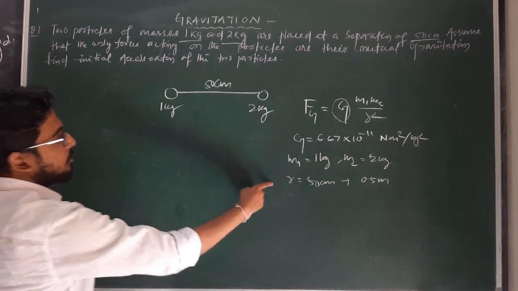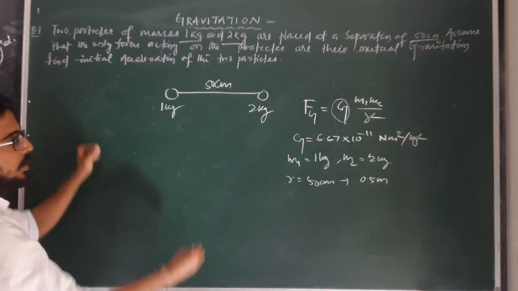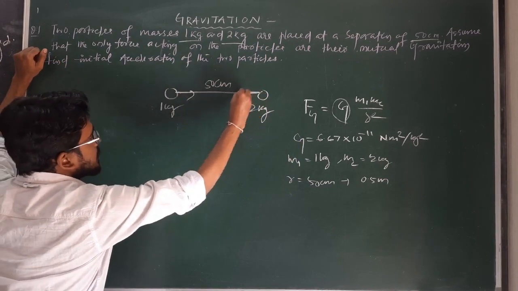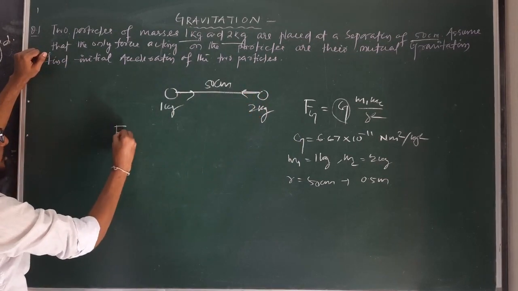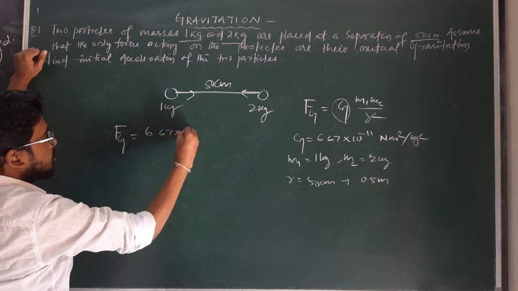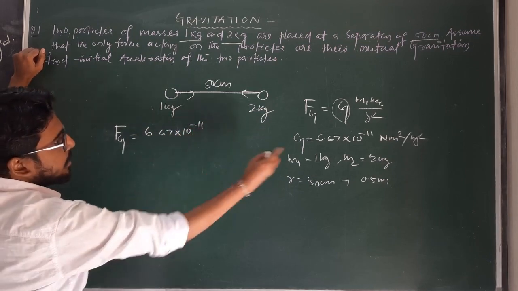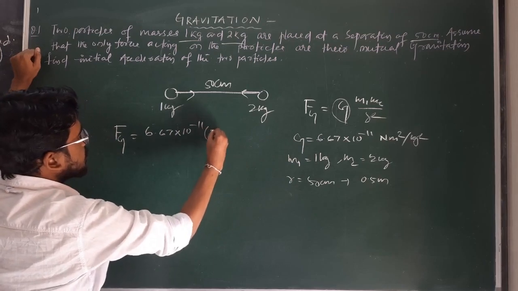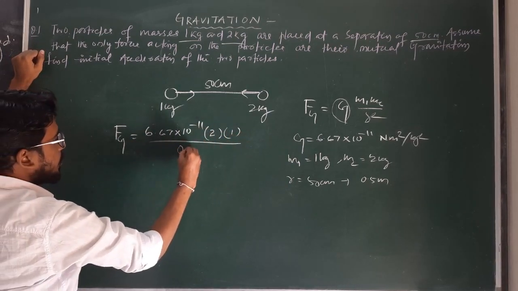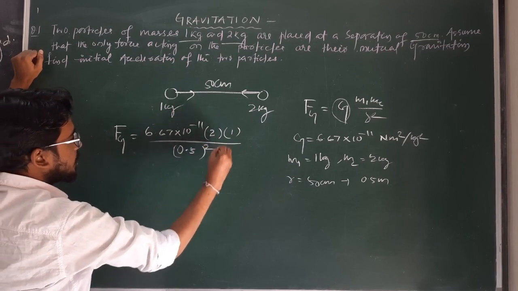Clear? So now putting the values in this equation, what will be the gravitational force of attraction on these two bodies? The gravitational force can be given as 6.67 into 10 to the minus 11 into m1 m2, that is 2 into 1, divided by 0.5 whole square.